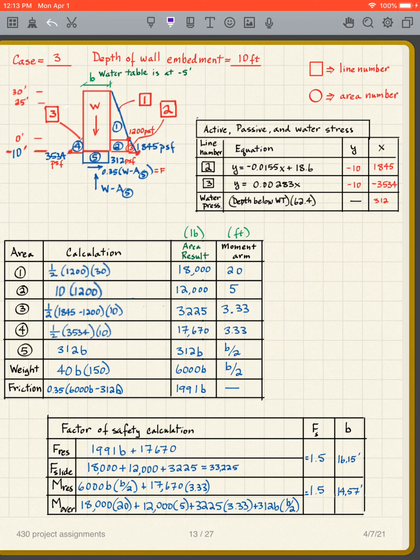And then the overturning moment is what? What overturns it? Well, 1, 2, 3, and 5. So I have 18,000 times 2 goes there. 12,000 times 5 goes there. 3225 times 3.33 goes here.